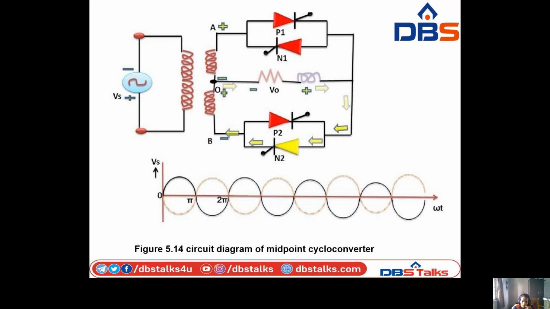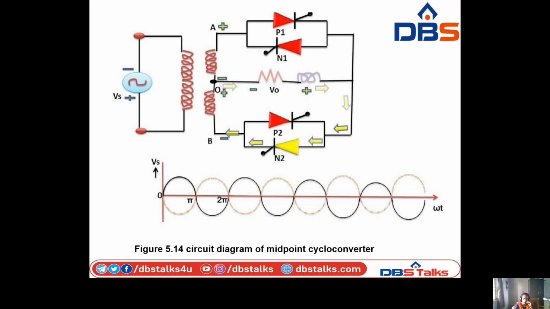Two sets of thyristors will be there. At the middle we connect the load, and this is the source voltage Vs. The source voltage will be sinusoidal. So this is the circuit diagram for a midpoint cycloconverter.